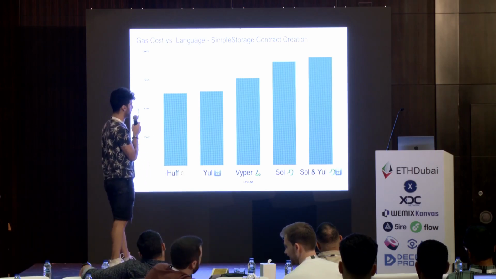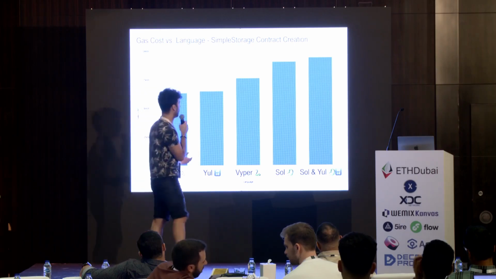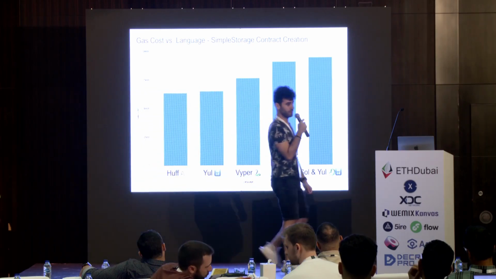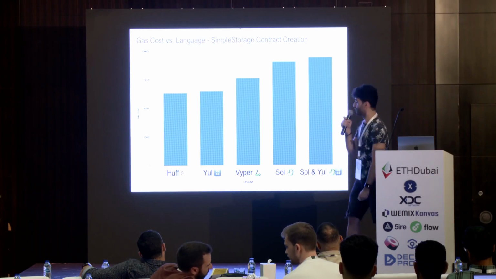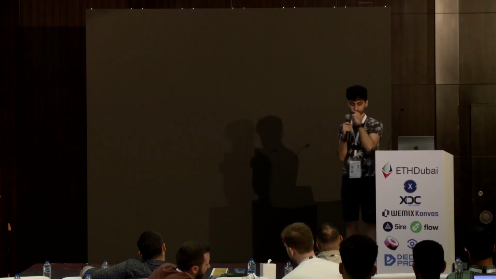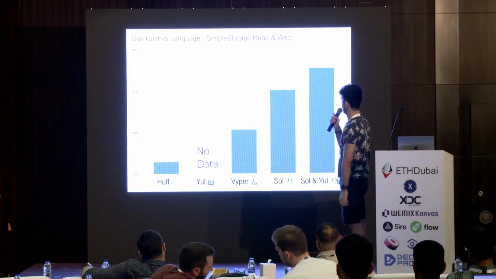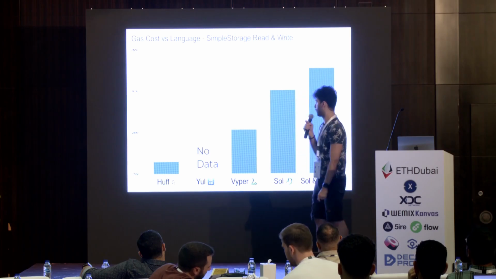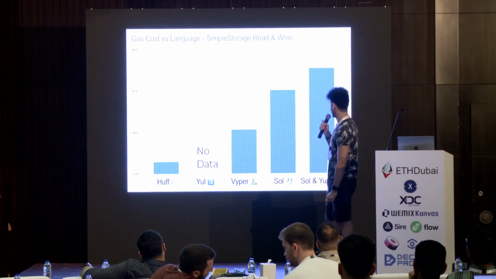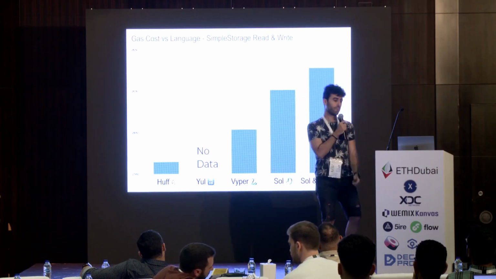We see that using Huff gives a very nice gas cost saving. This is for the size of the contract, and this is when you're actually calling the writing. So you can see that Huff is very interesting in this case.